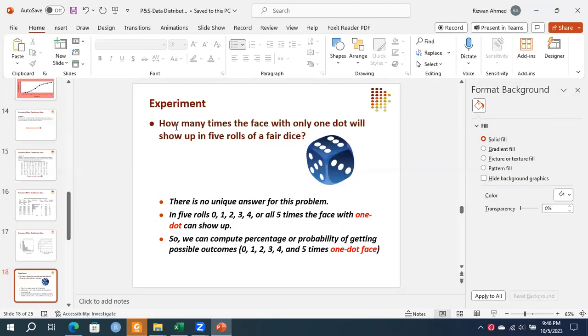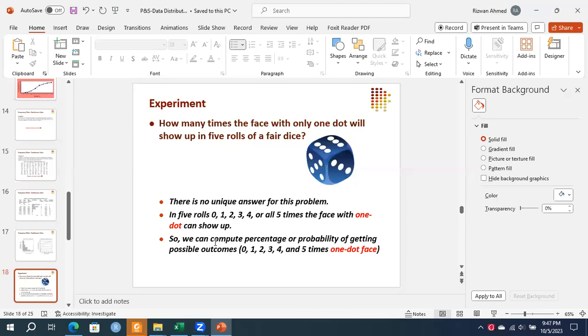The problem is how many times the face with only one dot will show up in 5 rolls of a fair dice. So obviously there is no unique answer for this problem. In 5 rolls, 0, 1, 2, 3, 4, or all 5 times the face with one dot can show up.